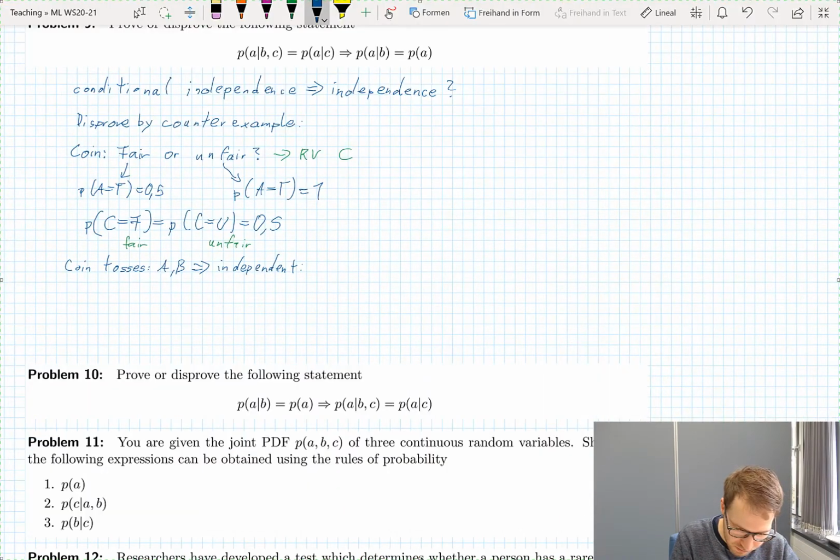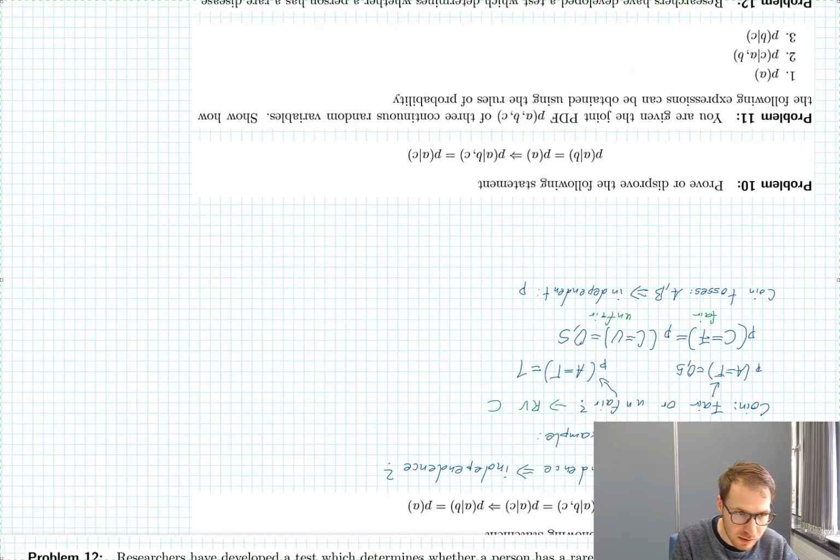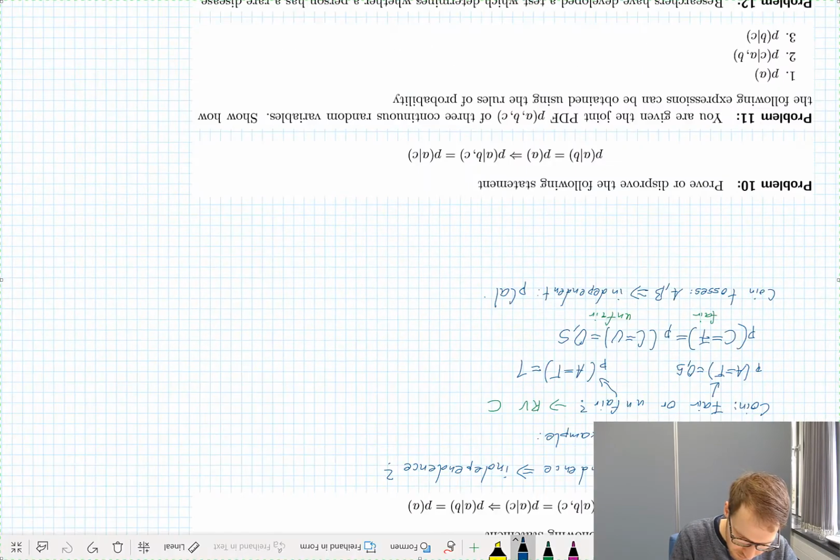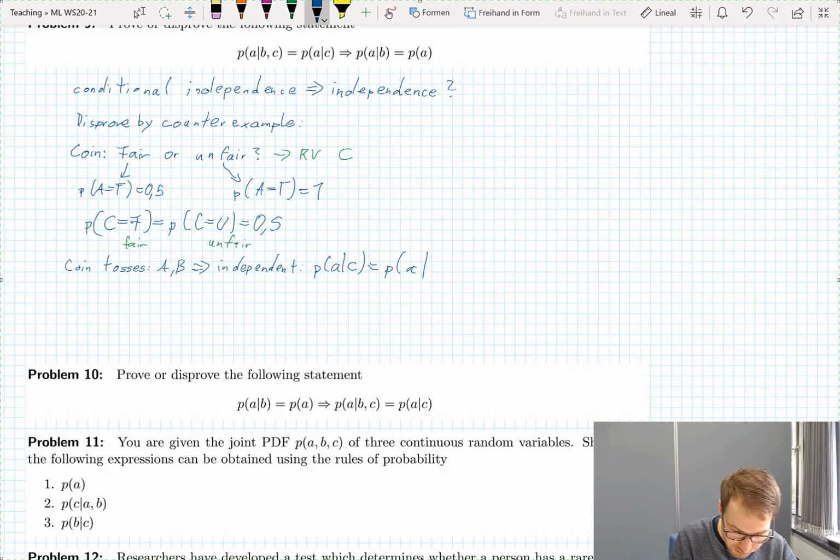So they have the property that P of a coin toss, given that we know what kind of coin it is, is the same as P of the coin toss, given that we know what the first coin toss is and we know the coin, right? If you throw it twice, the probability will always stay the same.